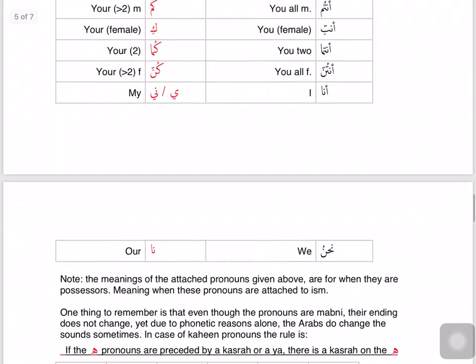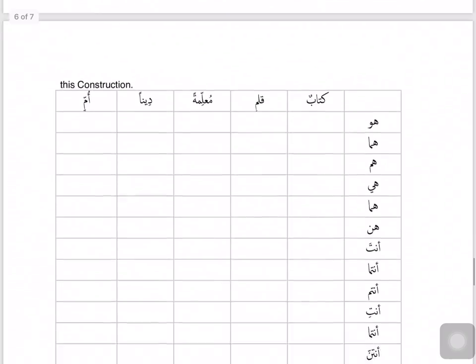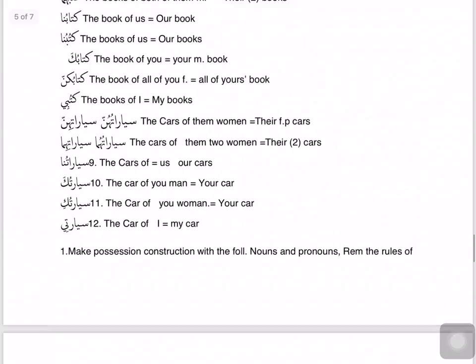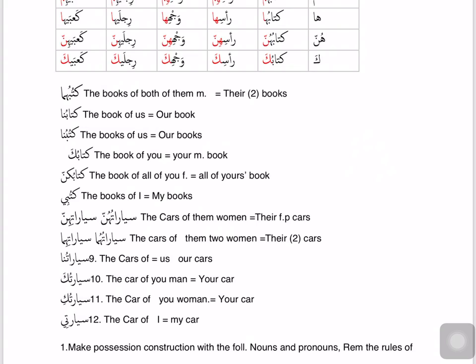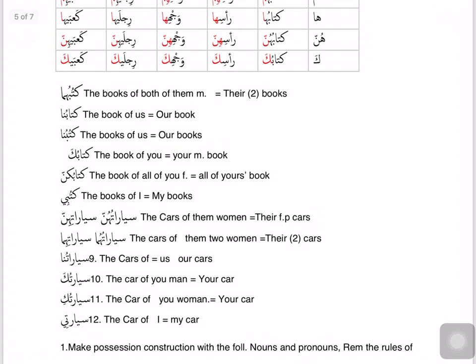Kitabi, kitabuna. Also, we have to remember in terms of the ya mutakallim, when that is the attached pronoun, what we will see is that no matter what the status of the mudaf was, for instance, the word sayyara had the ta marbuta with a dhamma, sayyaratu.